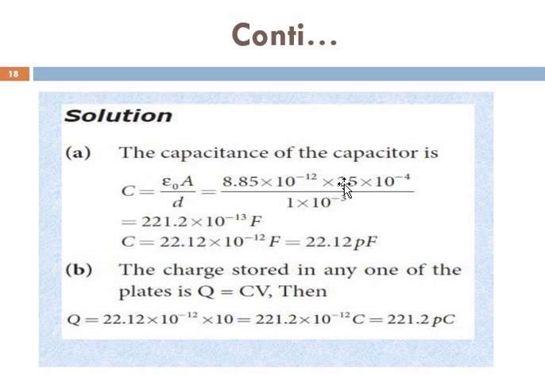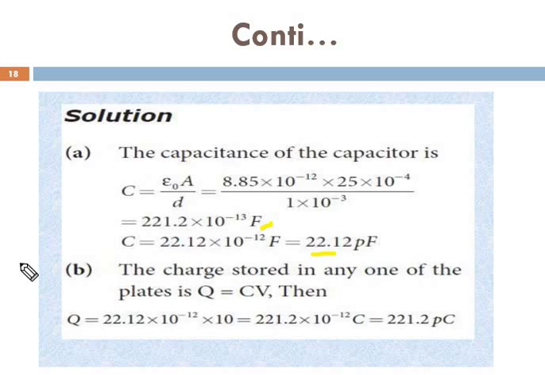The area of the plate is 25 times 10 to the power minus 4, and the distance between the plates is 1 millimeter, which is 1 times 10 to the power minus 3. By solving this, we get 221.2 times 10 to the power minus 13 farad, which we can write as 22.12 picofarad.